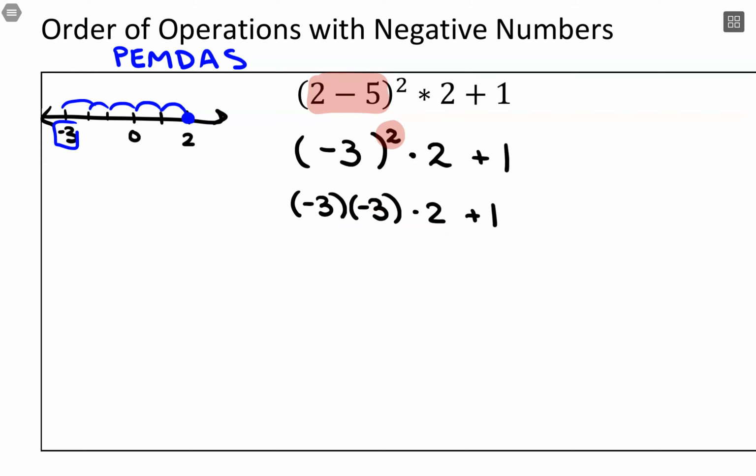So -3 times -3 is +9. Then 9 times 2 is 18. Then we have the +1. 18 plus 1, 19. So notice that that +1 just hangs out until the very end, and that's because addition is the last thing we do. We did a little subtraction at first, but it's because it was inside those parentheses.